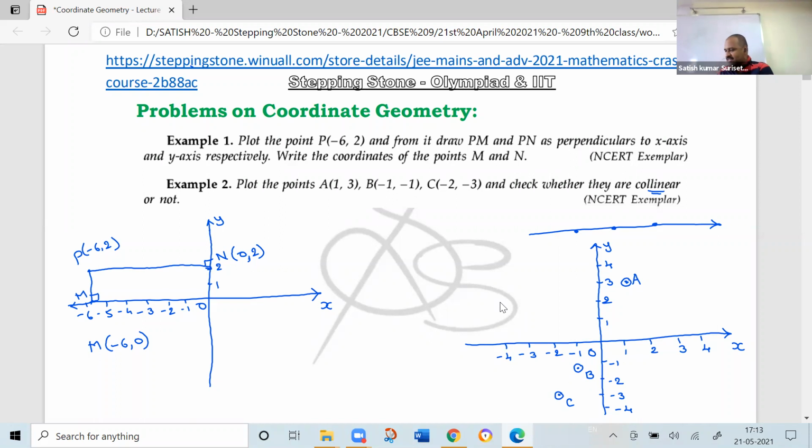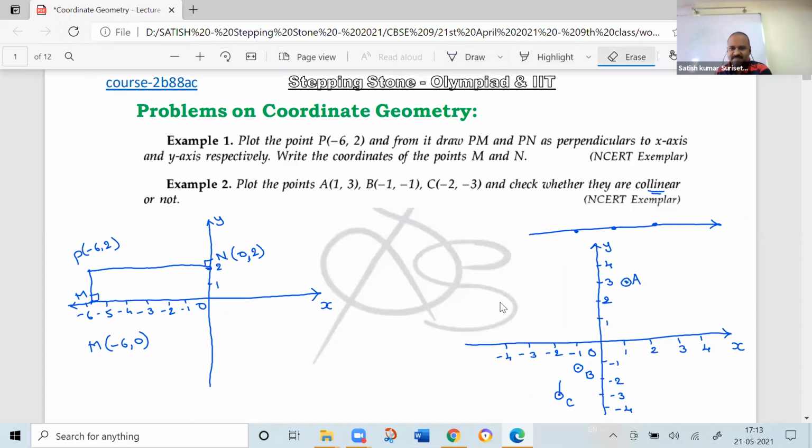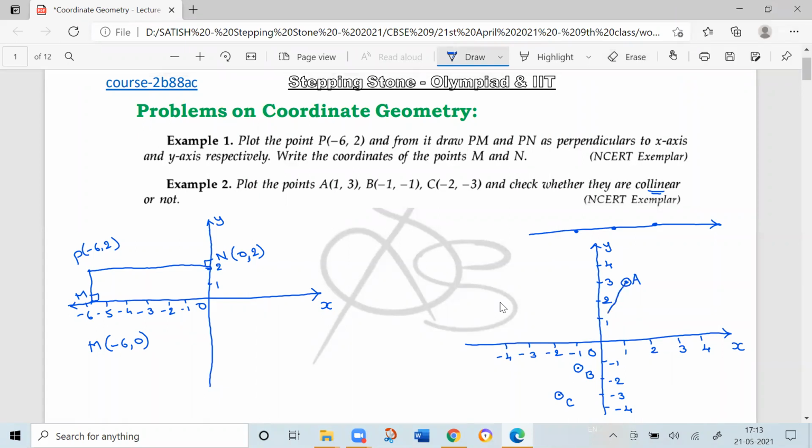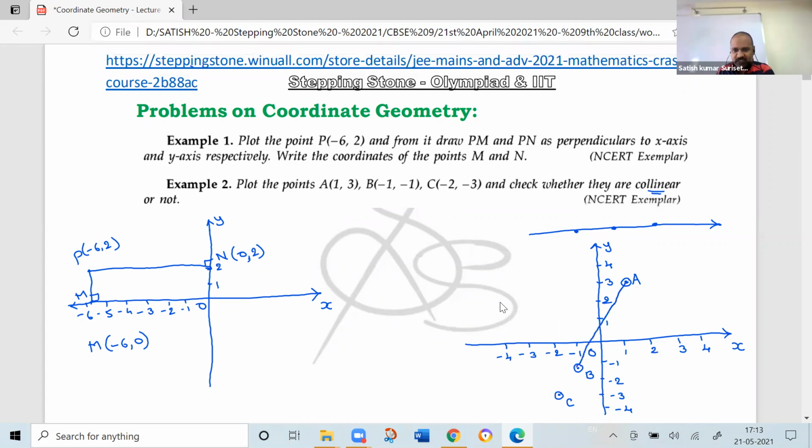Because you are drawing a rough figure, there is a chance that you may get a wrong answer. Basically, they are on a straight line. So when you join, it will be a straight line. But take a scale and check whether the points lie on a straight line. Because they lie on the same straight line, the points are collinear.